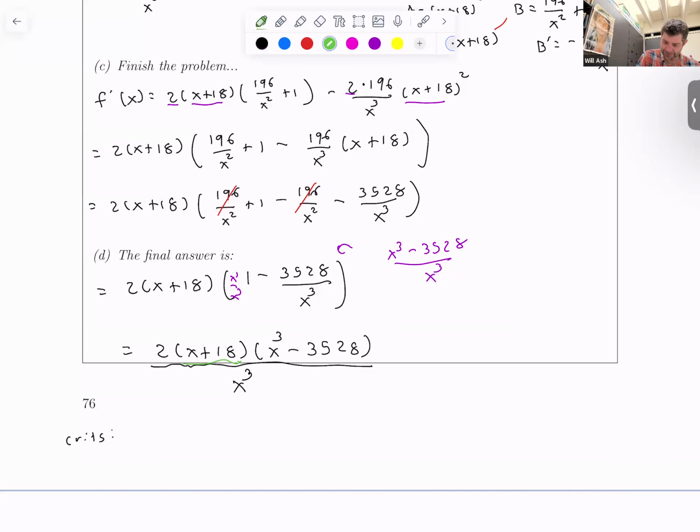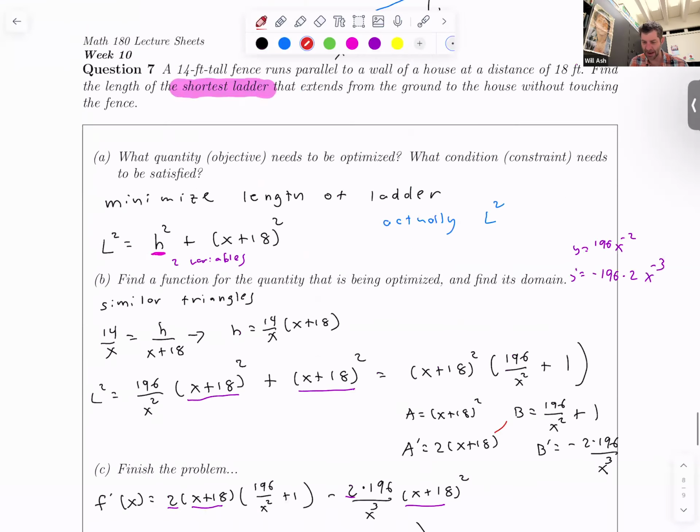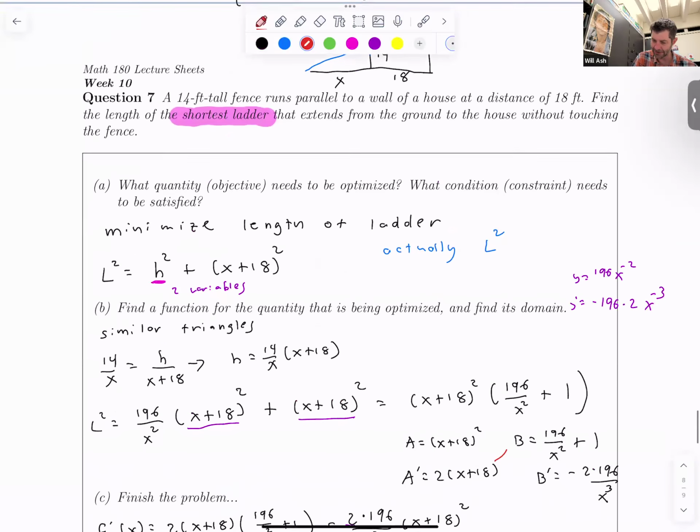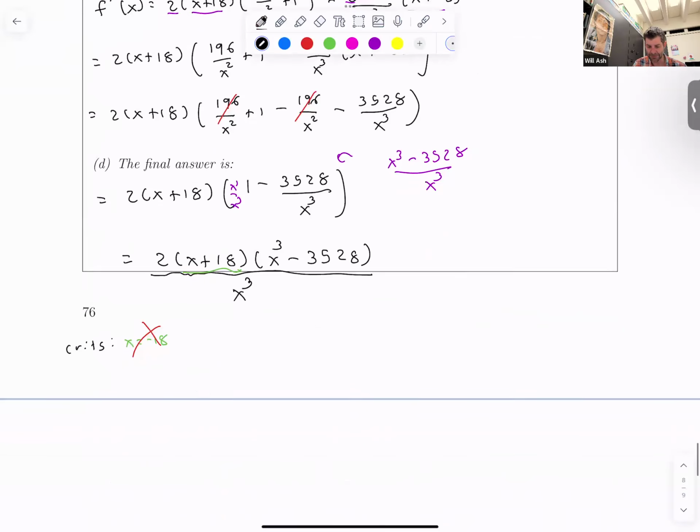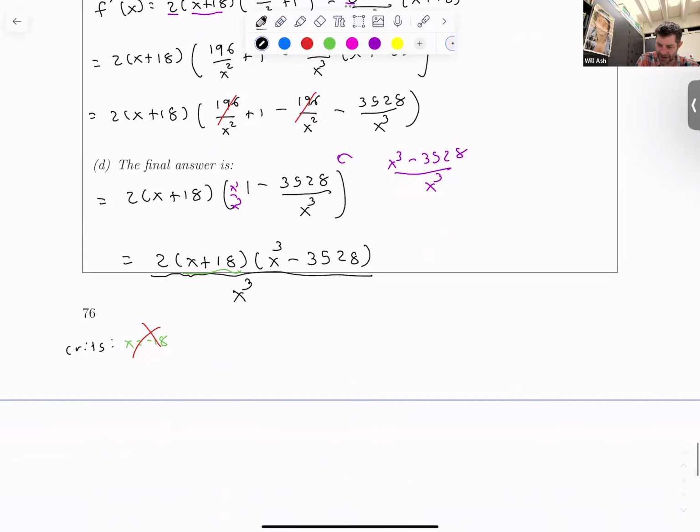Well, from there, I get x equals negative 18. I'm going to throw that out because my x has to be positive, right? We see that here. I could also have x is 0 from down there, but we can throw that out.